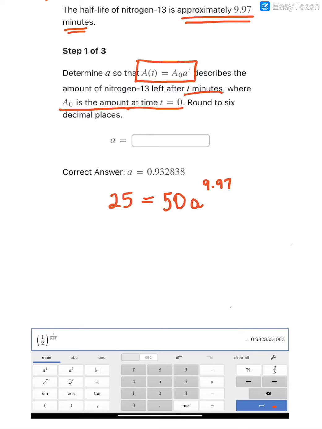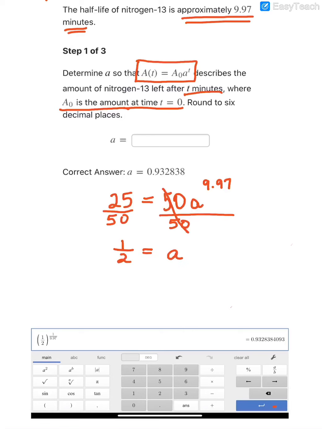Now we're going to solve that for a. So we have to get a by itself. That means we're going to start by dividing both sides by 50. No matter what you started with for your A sub 0, we're all going to have the same fraction right here, because we have half left of what we started with.